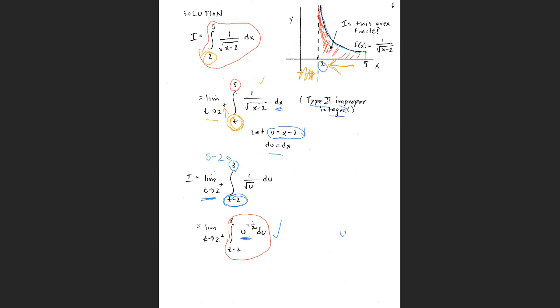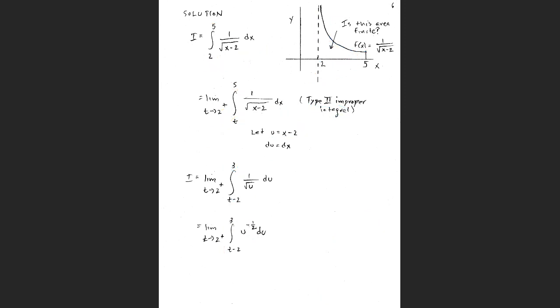Because, again, the old trick: add 1. You have to be a little bit careful here. So you get u to the positive half divided by a half. That's 2 times u to the half. So those antiderivatives are no problem for us anymore.